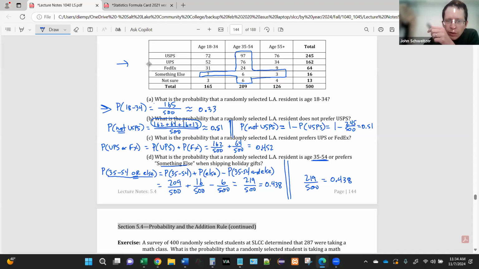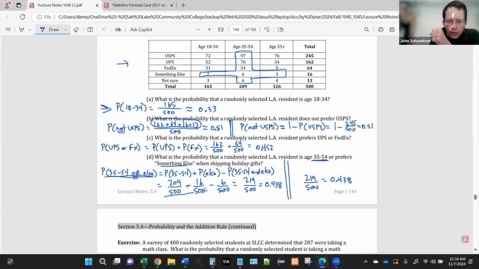Can you explain the shortcut for the complement rule again? Well, I think what you're talking about, Julia, is this last problem here where we have the addition rule.